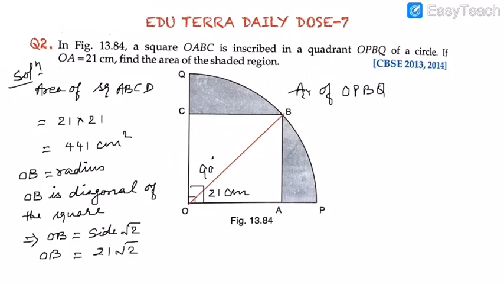Area of OPBQ equals theta upon 360 into pi r square. Here theta is 90 degrees because it is a quadrant, so it becomes 1 by 4 into 22 by 7 into r square, where r is 21 root 2 into 21 root 2.